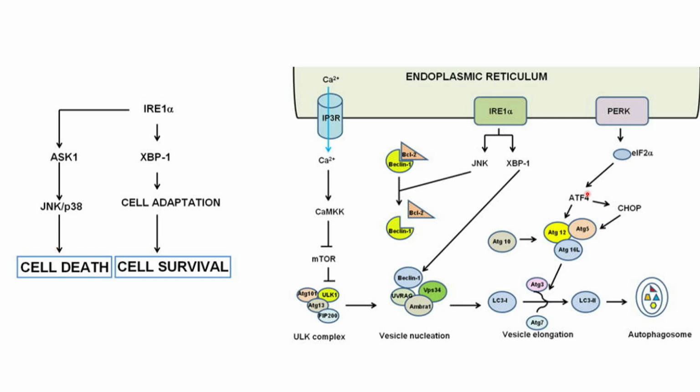Again, under endoplasmic reticulum stress and the unfolded protein response, ultimately all these three, IRE1, PERK and the rest, finally lead to the formation of small vesicles, which ultimately become the autophagosomes.